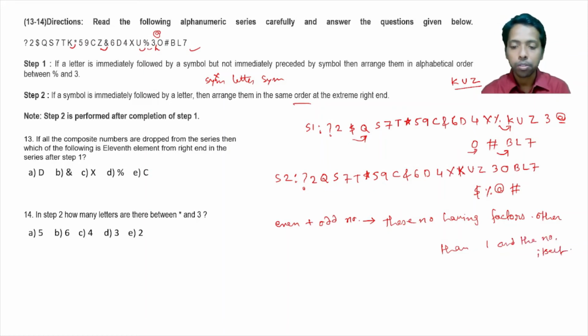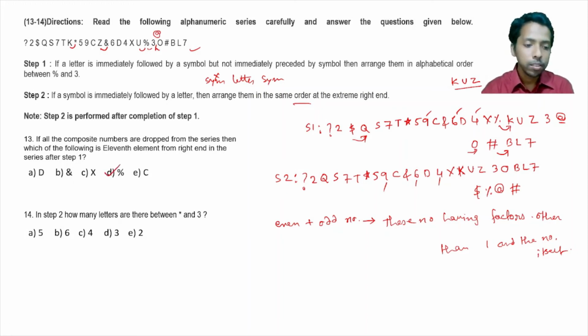So which are the composite numbers here? That is 9, 6, 4. Which of the following is the 11th element from the right hand after series 1? The composite numbers are 9, 6, 4. The 11th element from the right hand: 3, 5, 3, 5, 10. So percentile. So option D is the correct answer.